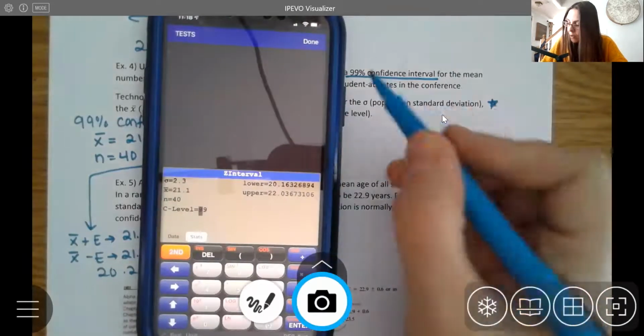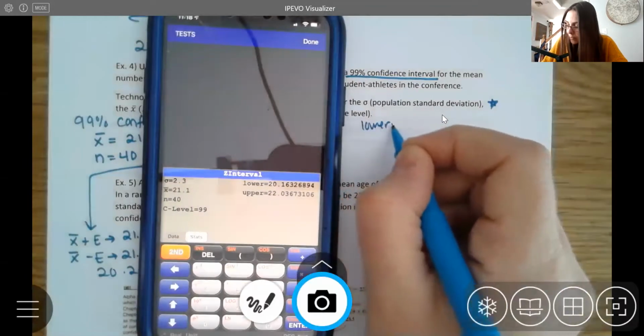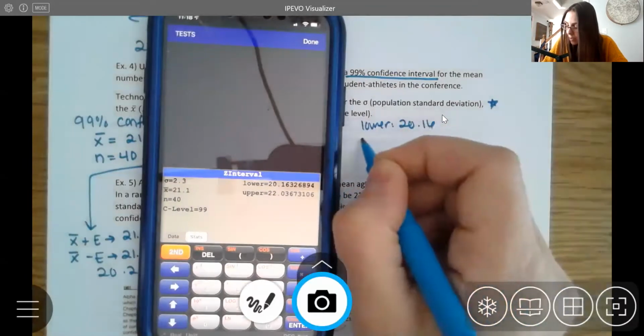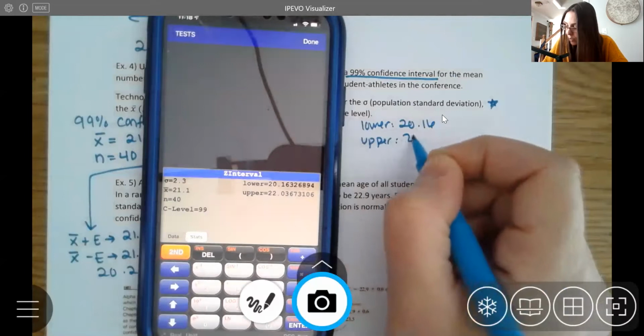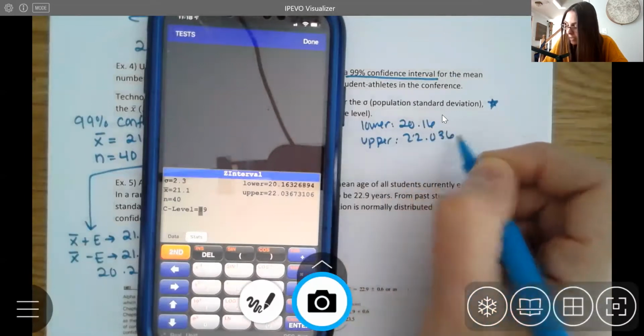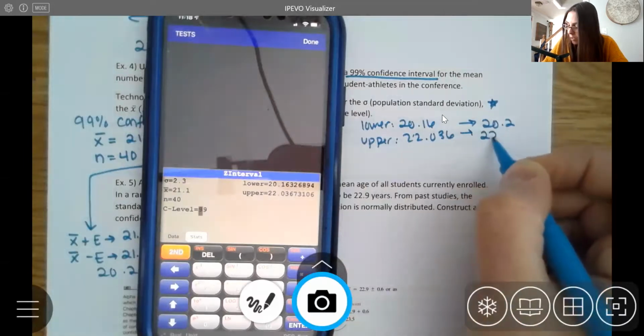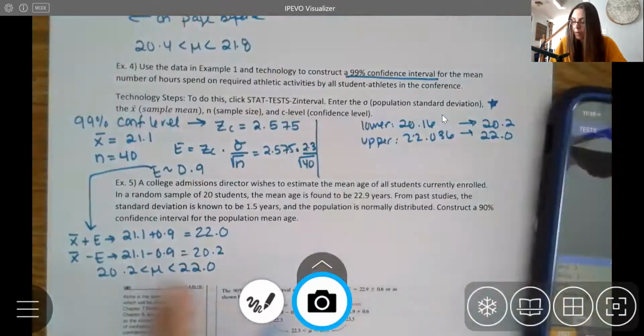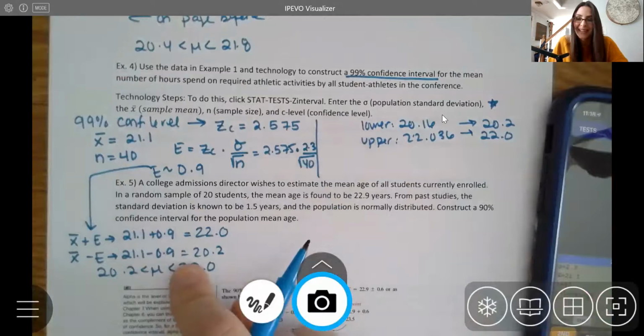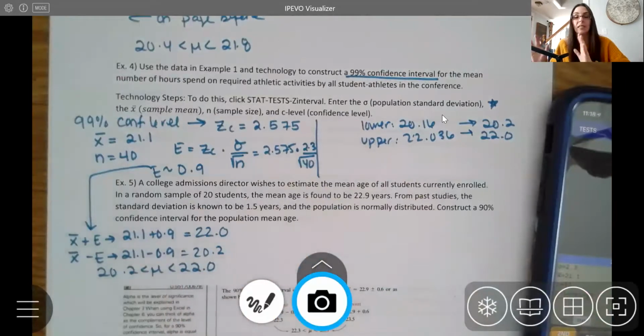So it's saying my lower bound there, my lower level is 20.16. My upper is 22.036. And if you round those, you do get the 20.2 and the 22.0 that we had over here doing it by hand. So that calculator, again, it can be really nice and fast for you to get through.